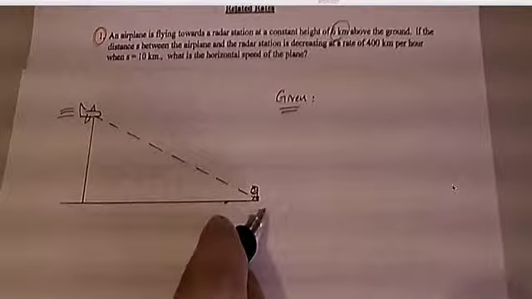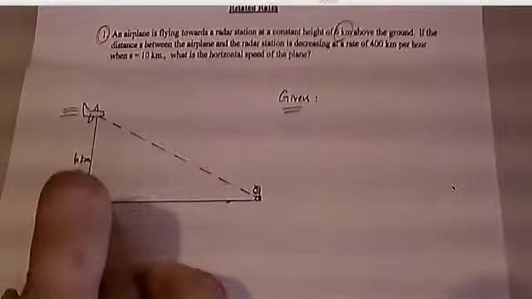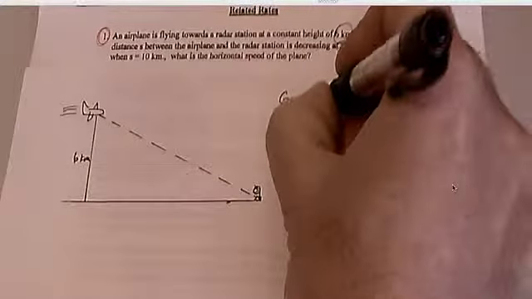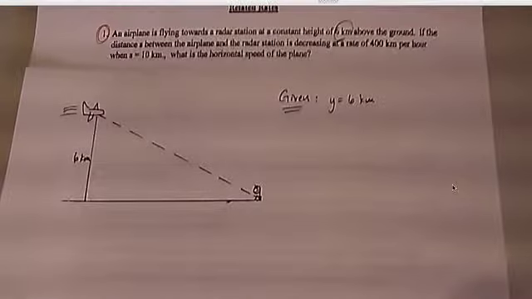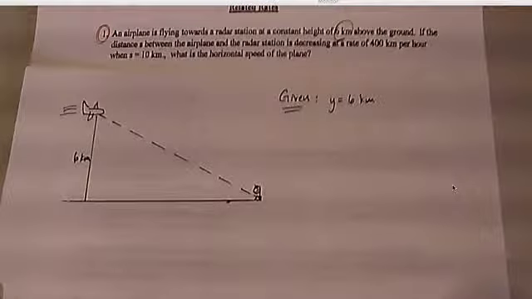Now we know that the plane is going this way, approaching, flying toward the radar station. Now we know that this right here is 6 kilometers. Since this is along the bottom, we usually refer to that one as y. So y is equal to 6 kilometers. You can call it whatever you want. Now that's our given information.